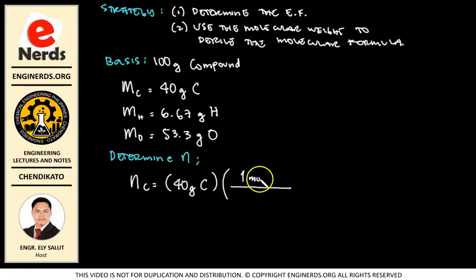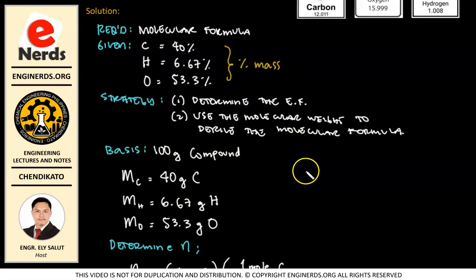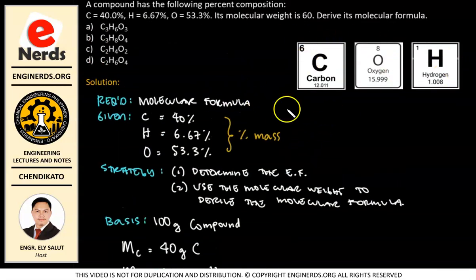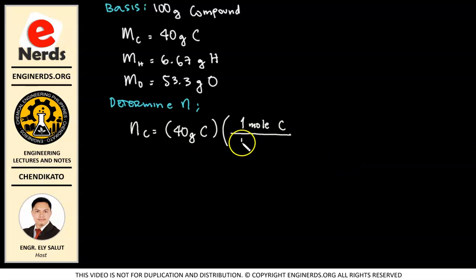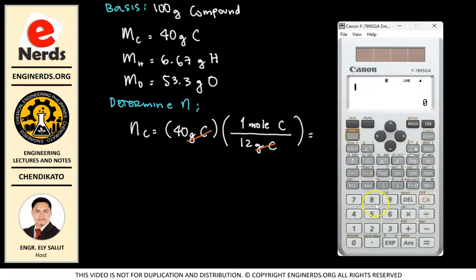For every 1 mole of carbon, based on our periodic table, we have 12 grams of carbon. So in here, our unit for grams of carbon will be cancelled out. Let us use our calculator. So we have 40 divided by 12, which is 3.333.